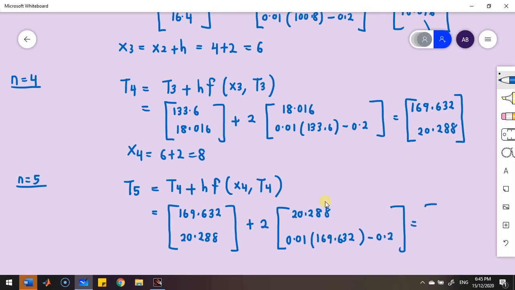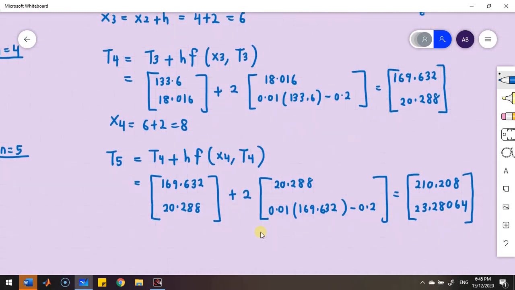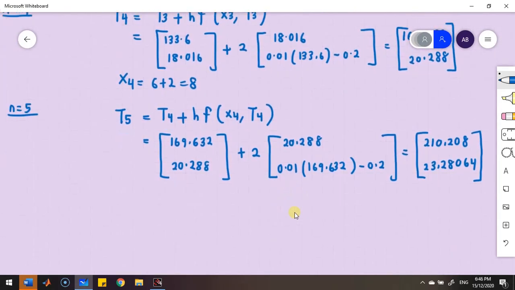Okay, I have obtained 210.208 and 23.28064. Okay, what is this? The number is quite big, and okay, don't worry about it. We have not come to the conclusion. So what is x5? x5 is x4 plus 2, which is 8 plus 2, 10.